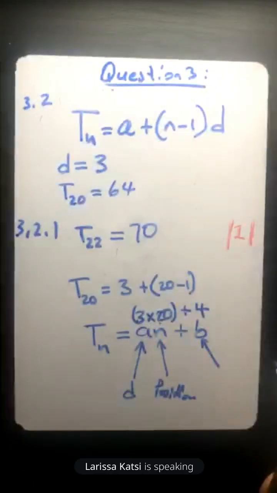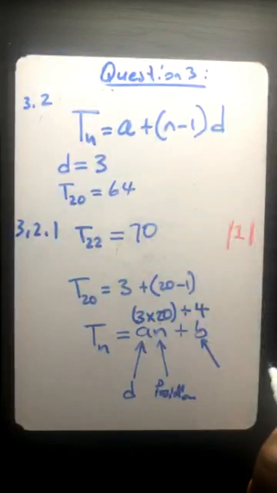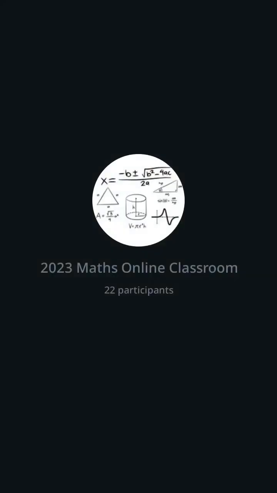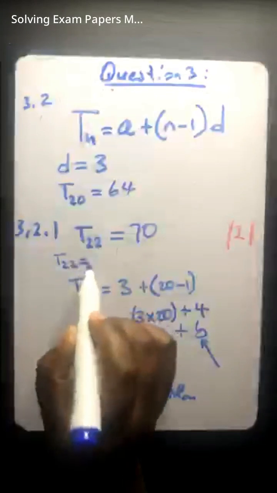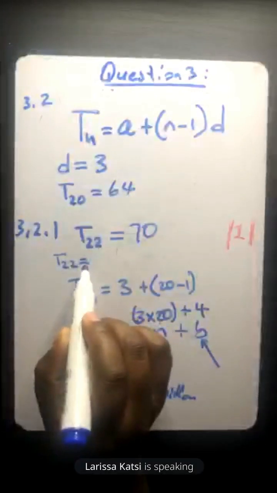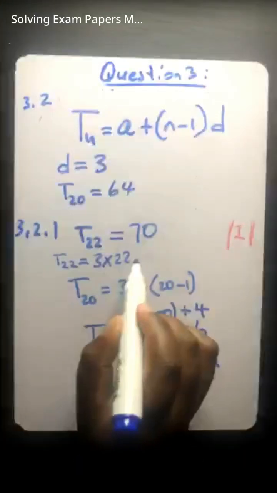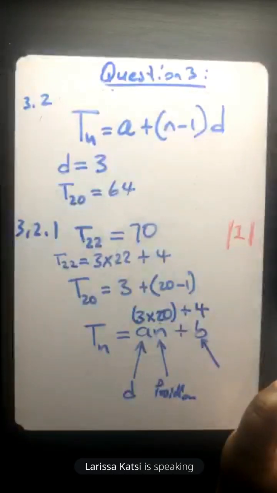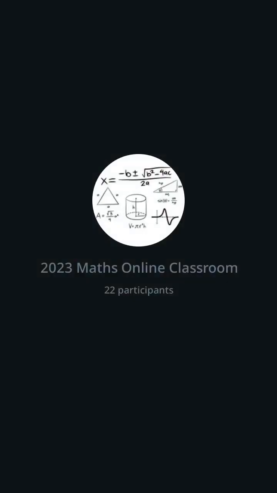I said term 22 is equal to 3 times 22 plus 4, which would give us 70.